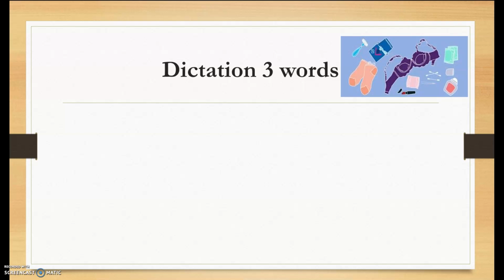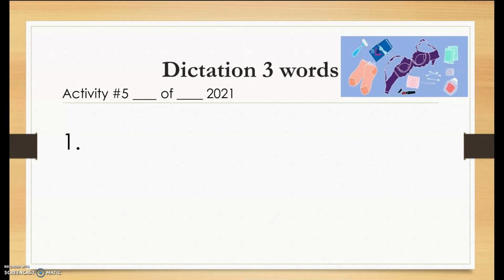Okay, now let's do our dictation of 3 words. Bring out your notebook or your piece of paper and write down activity number, the date, the month, and the year. And don't forget to put your name as well. So let's begin. Number 1. Spell the word swelling.